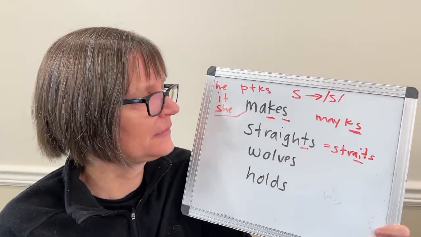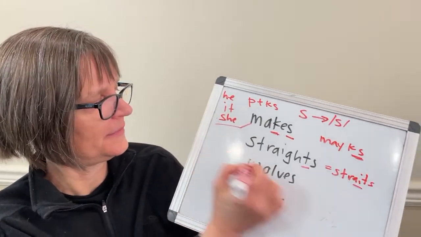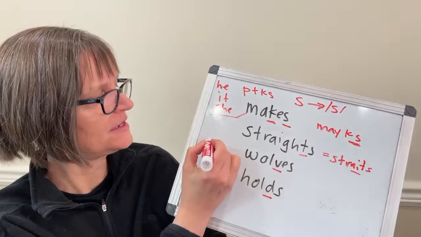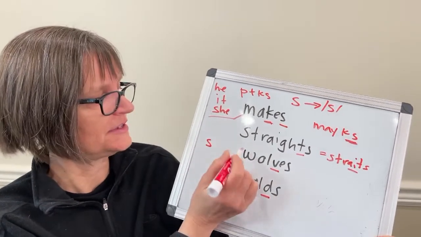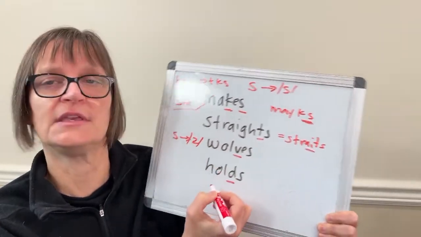And then for wolves, this is where for a V or a D sound, the letter S is going to say the Z sound, because these are voiced.